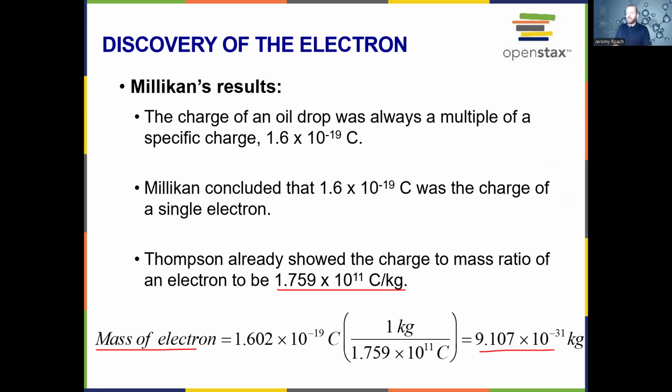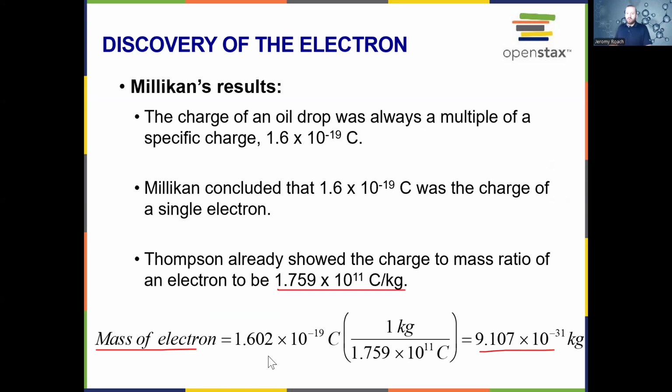So since Thomson had found the charge to mass ratio of an electron, now we're able to calculate the mass of an electron. So Millikan found the charges, Thomson found the charge to mass ratio. And so now we can find the mass of an electron using just a simple conversion here.